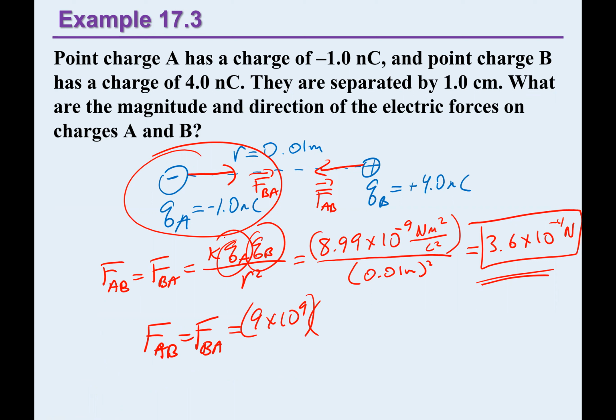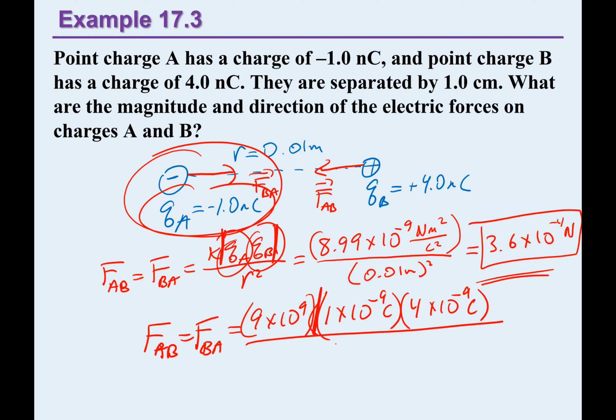Remember, one of the things we do here is we always use absolute value because we're calculating the magnitude. So it's going to be an absolute value. Q_A is negative, but I'm just going to put this as 1 times 10 to the negative 6 coulomb. And then Q_B here is 4 times 10 to the, sorry, not negative 6, negative 9, because this is nano. And then this is divided by 0.01 meter squared.